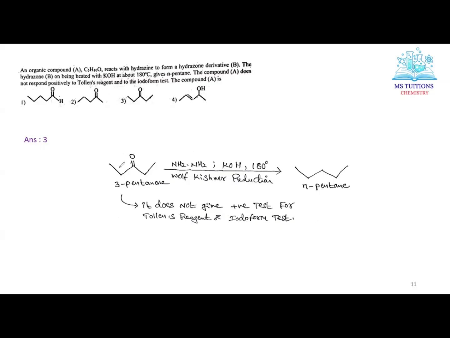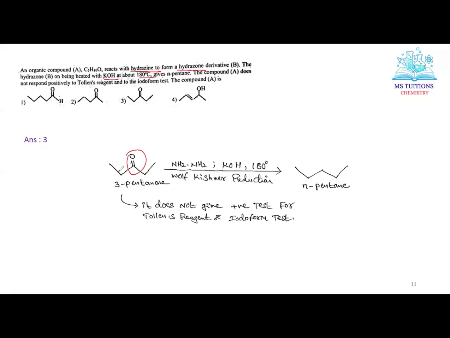Option 3 is the correct answer, because the conditions given in the question match exactly. Whenever it reacts with NH2NH2 and KOH at 180 degrees Celsius, it shows Wolff-Kishner reduction. So that data indicates it undergoes Wolff-Kishner reduction.